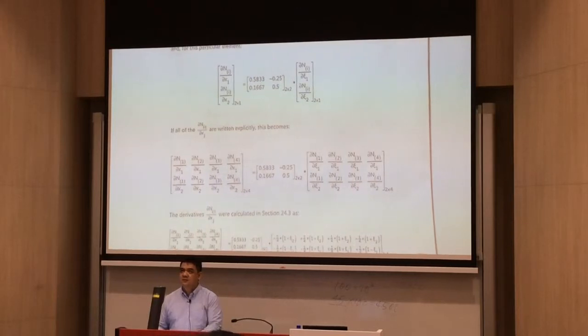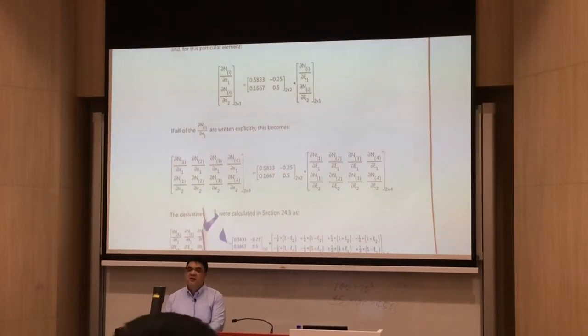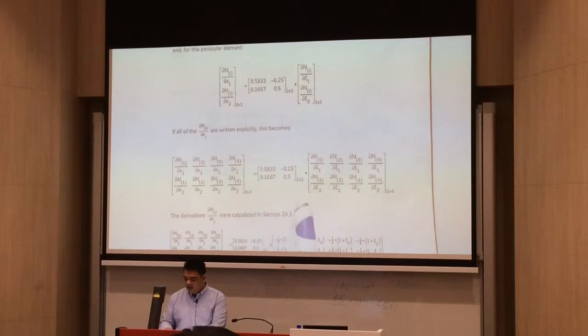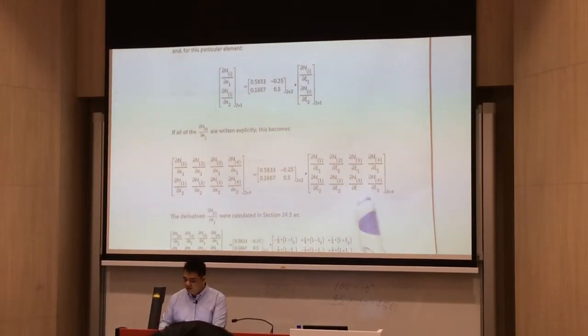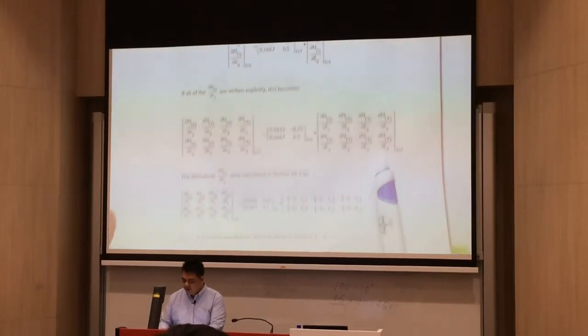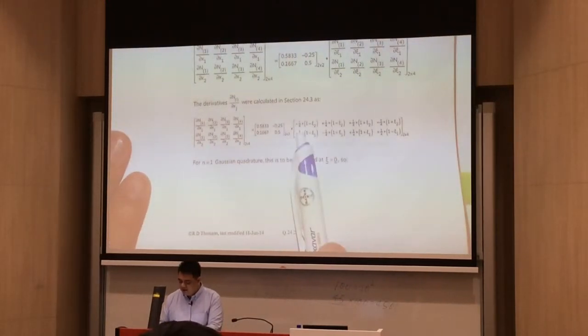So this one is your strain displacement matrix, partial of n with respect to x. So this one can be solved using this equation here. You have the inverse of the Jacobian and the partial derivatives of n with respect to c's. Partial n1 with respect to c1 and so on and so forth. So you will be able to get those values.